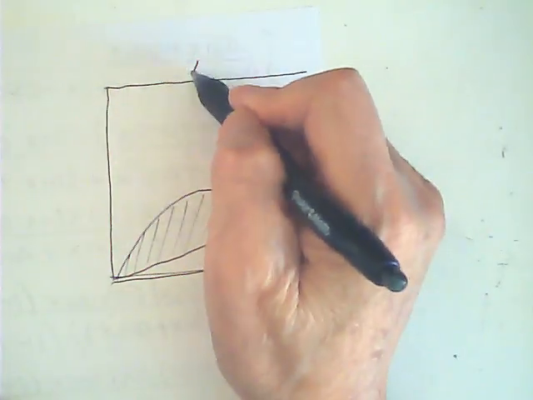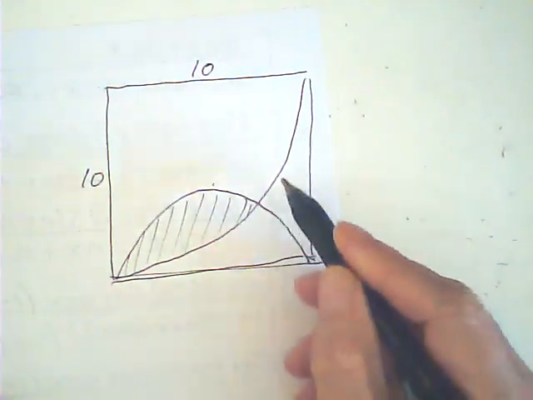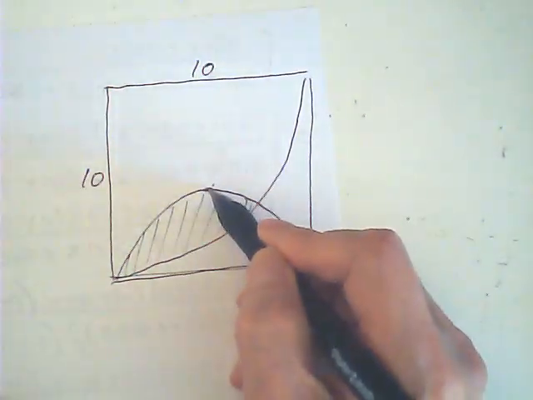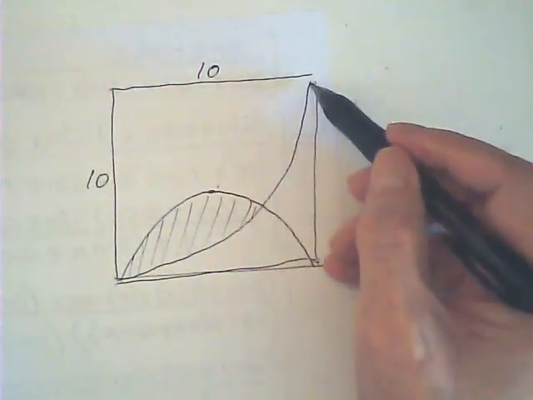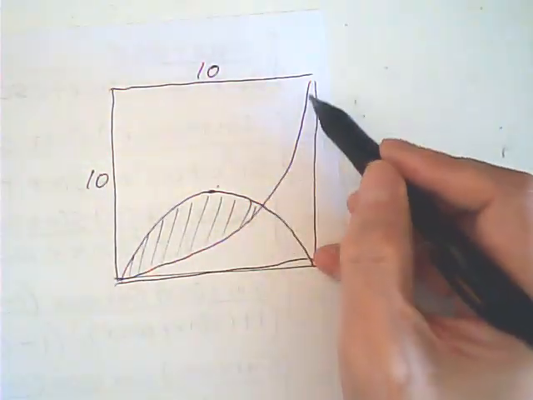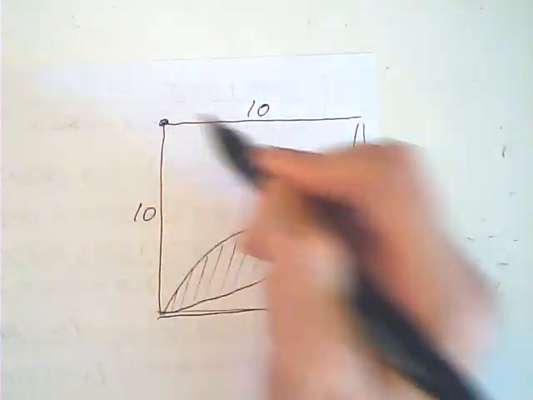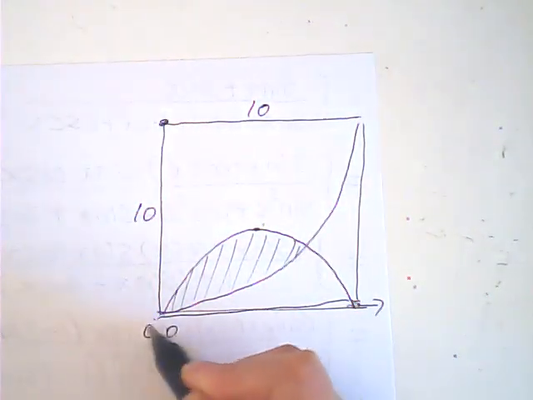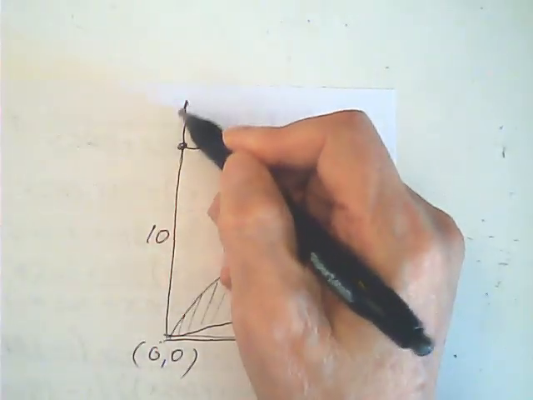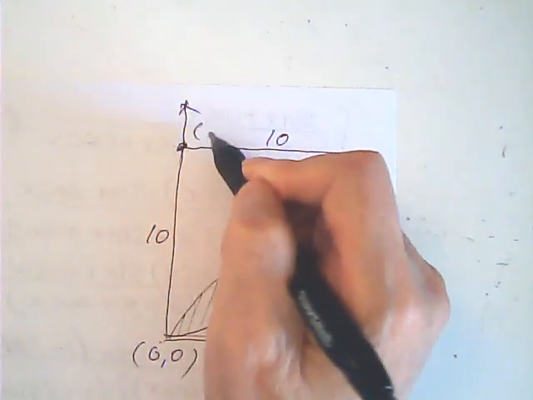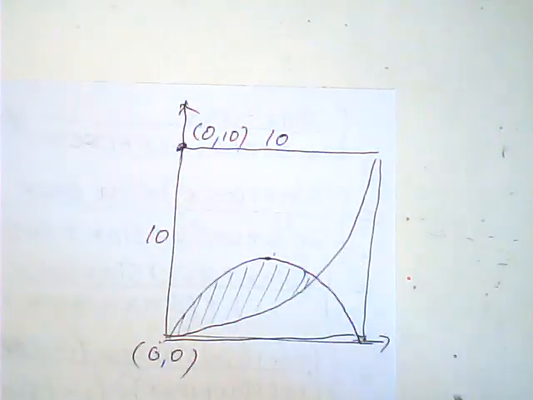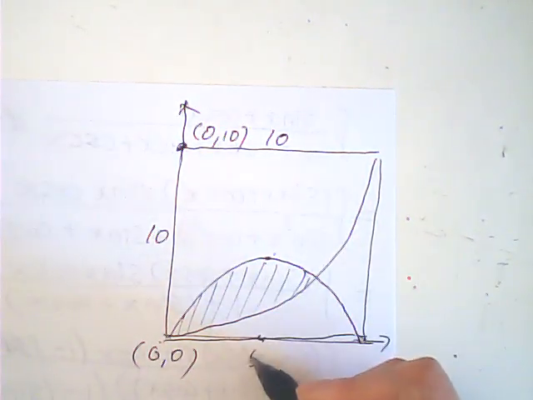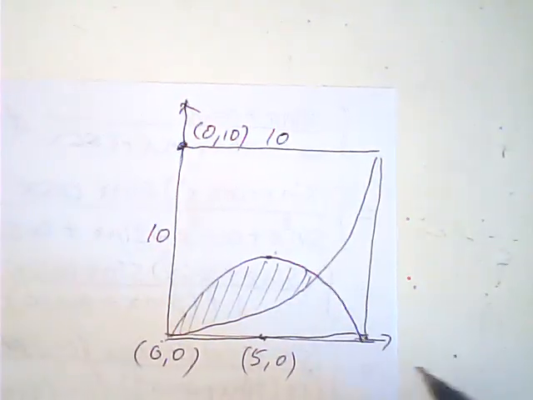If we are using calculus to do it, we must find the equation of these two curves, right? Now, start with this curve. The center is, if this is the coordinate system, this is 0, 0, right? So this one is 0, 10, right? This is 5, 0.